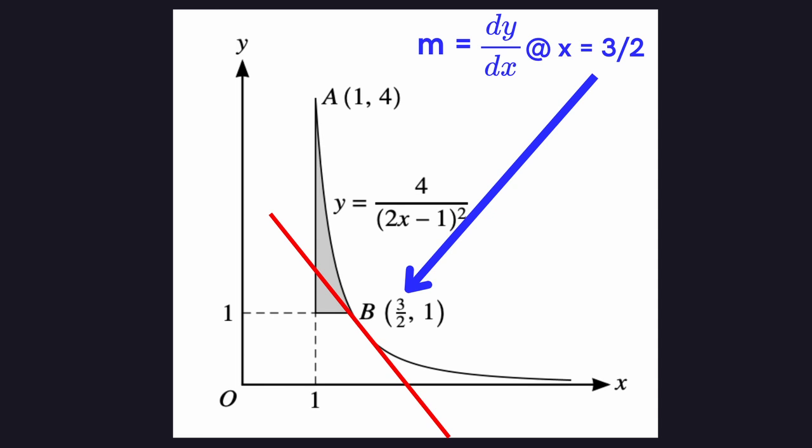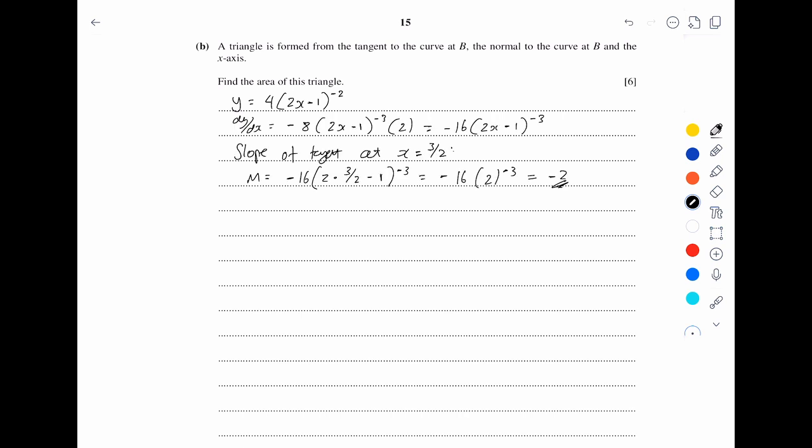By finding dy by dx of the curve at 3 over 2. Doing this gives dy by dx is equal to negative 16 times 2x minus 1 to the power of negative 3. And then plugging in 3 over 2 after this gives negative 2, which tells us the slope of the tangent.